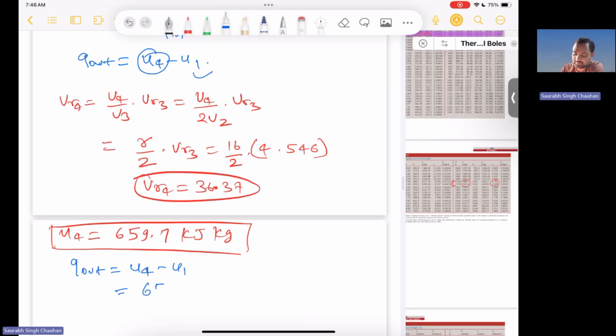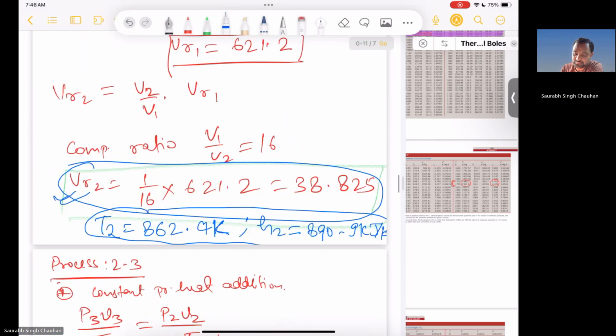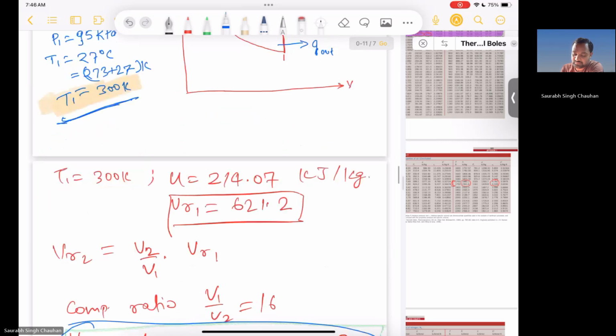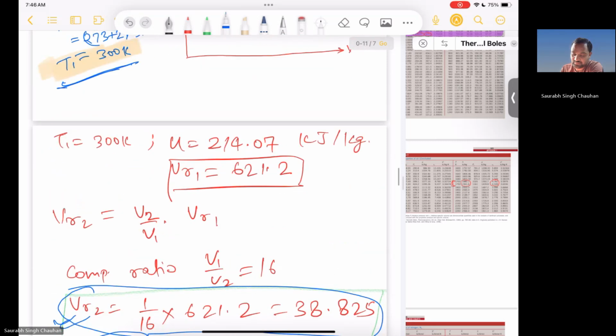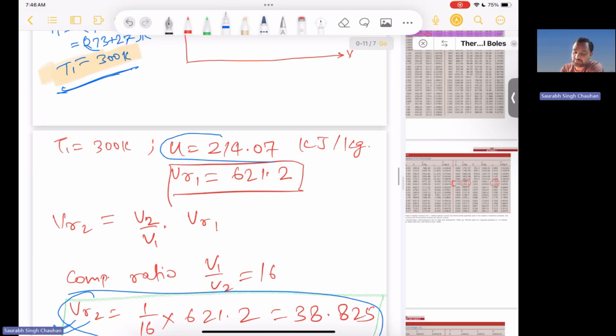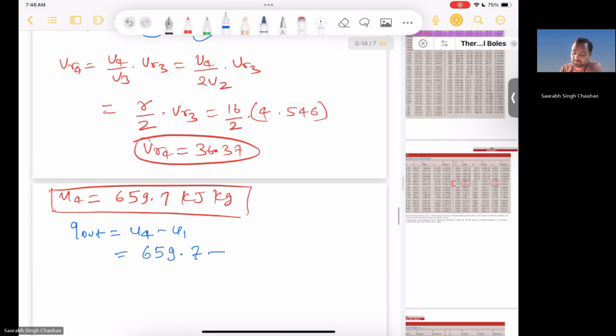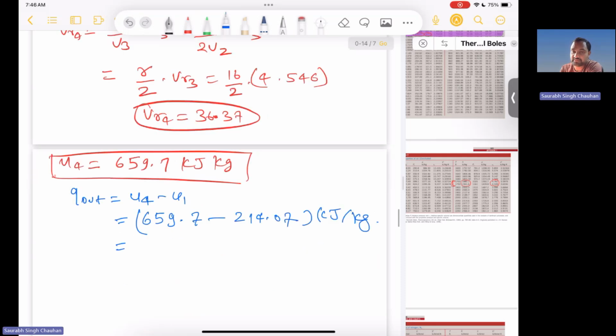U4 you just got 651.7 and U1 is how much? Here it is, 214.07 kilojoule per kg.